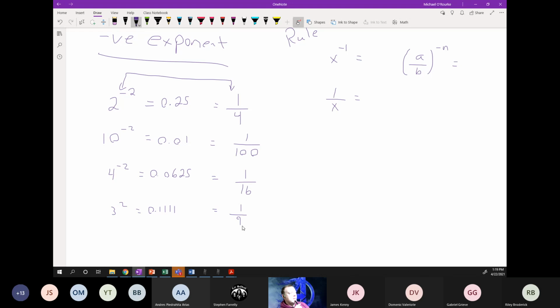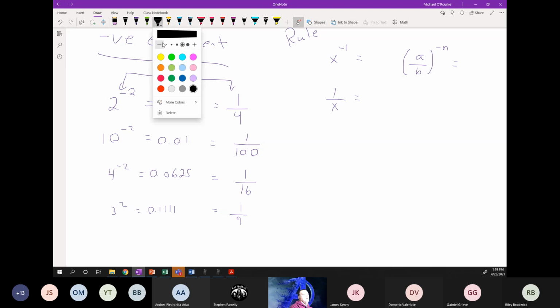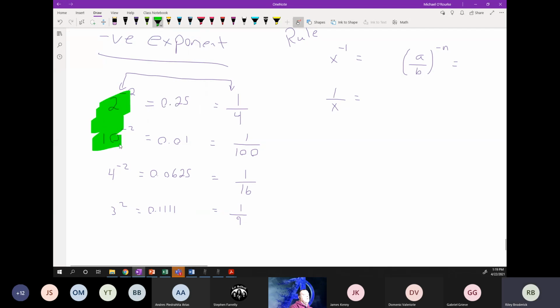Okay, so does anyone see a connection between the first line here and this line here?